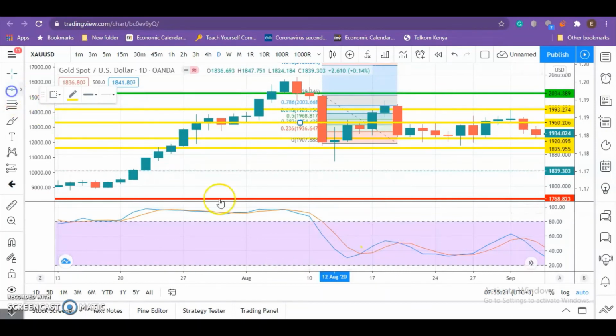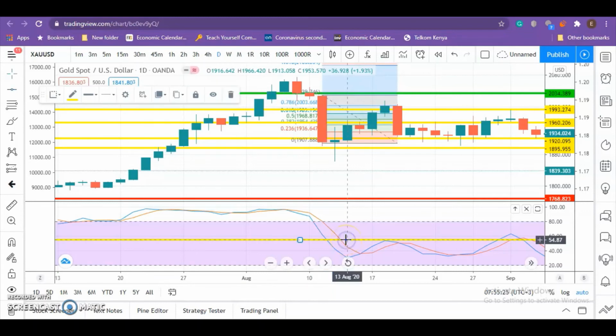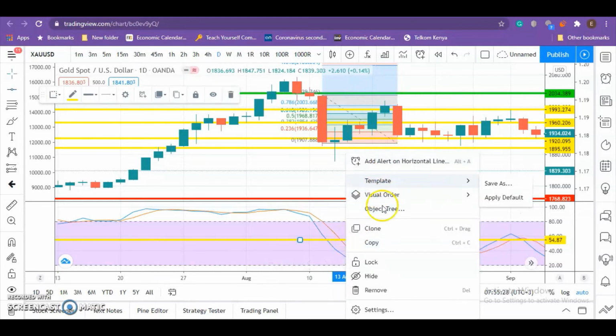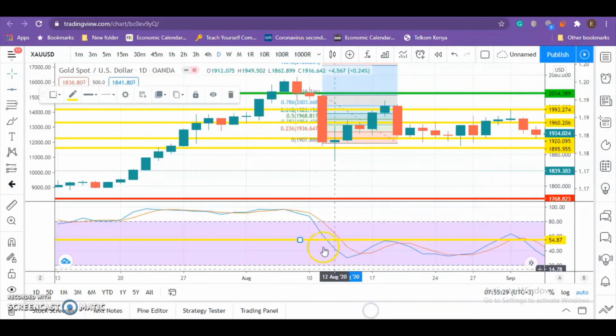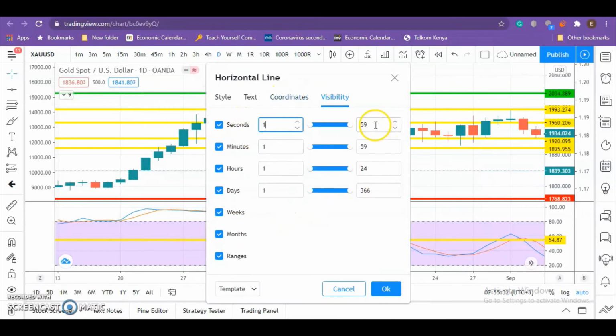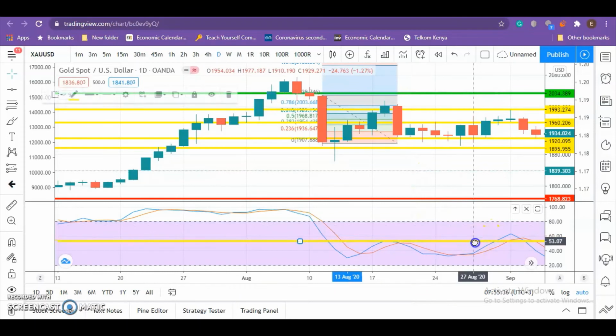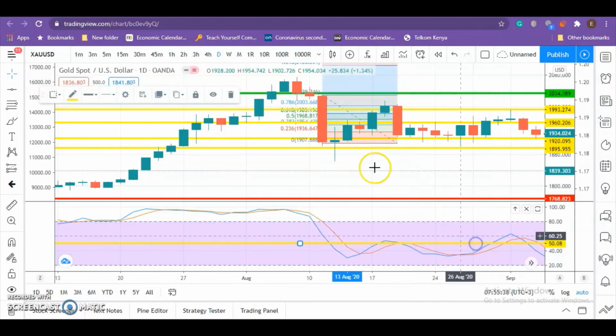Remember what we said about the 50% level on the stochastic. It actually maintained that.